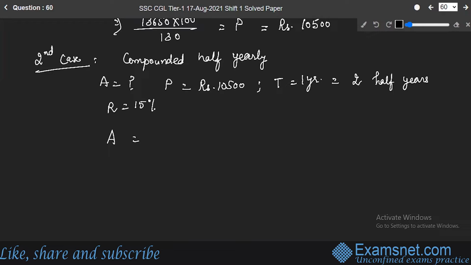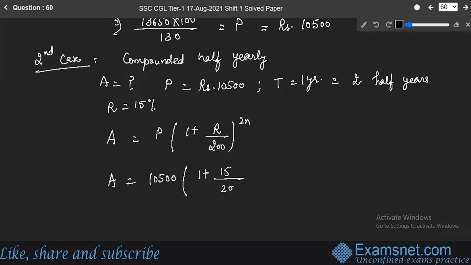And what is that? Amount is equal to principal 1 plus rate upon 200 raised to the power 2n. Okay. Amount is equal to 10,500 into 1 plus 15 upon 200 raised to the power. So it was already 2 now, right? Because we already had said it's 2 half years, 2 into n, where n refers to the number of years.